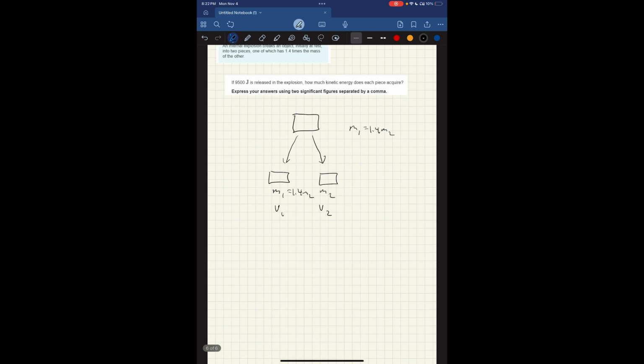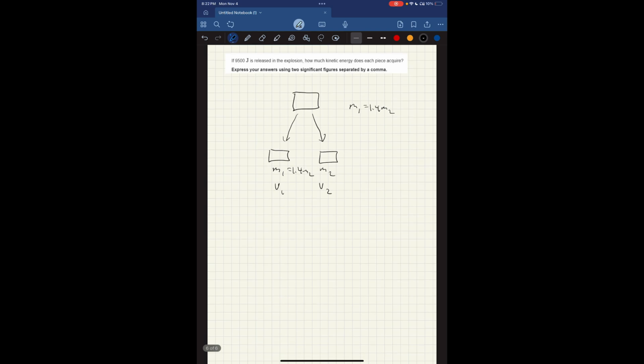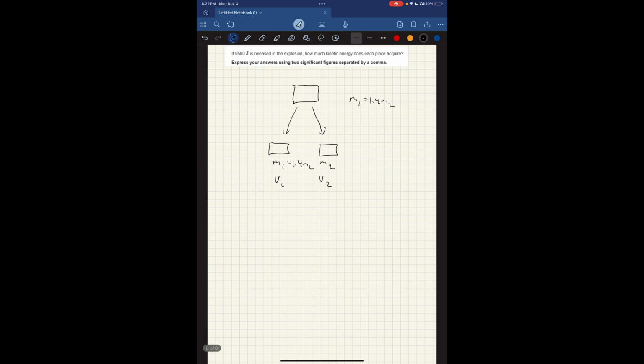To solve for the kinetic energy, we need the velocities of each mass. To find the relationship between the velocities, we use conservation of momentum. If it is an explosion, it's conservation of momentum.